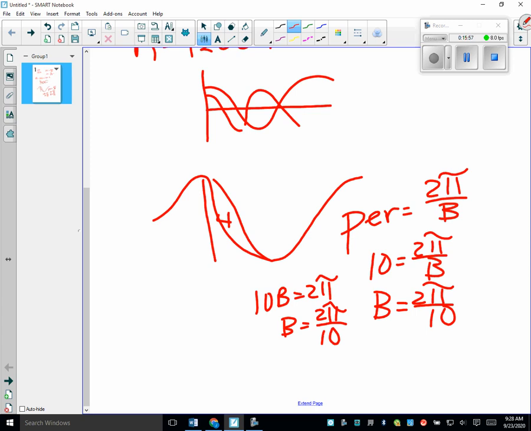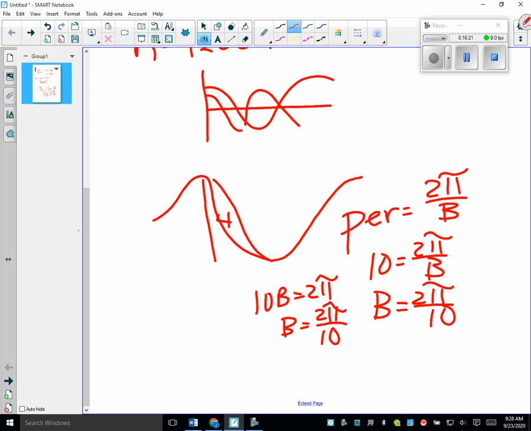I want to write a cosine function. So I have B, and by the way, there's no phase shift or vertical shift on this one. What I'm missing is amplitude. 2? It is 2? Because it's from top to bottom is 4, and amplitude is half of that.